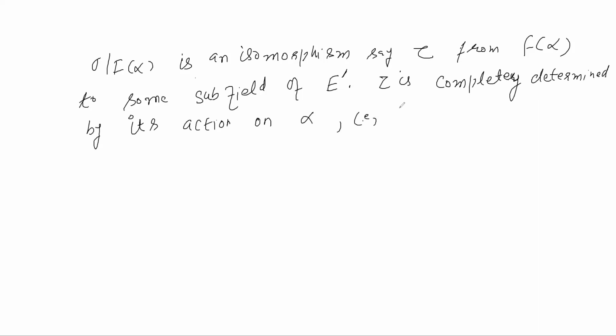That is to say, tau alpha, because alpha is a generator of F alpha over F. And we know that if alpha is a root of some polynomial, then any isomorphism, we just proved the proposition that if alpha is a root of some polynomial, then tau alpha is also a root.